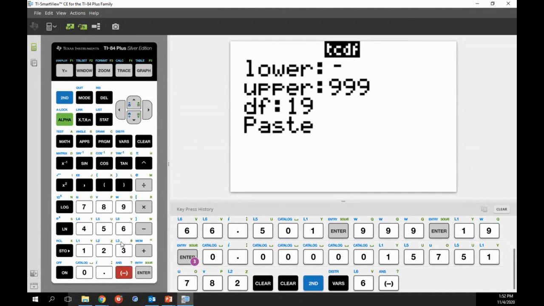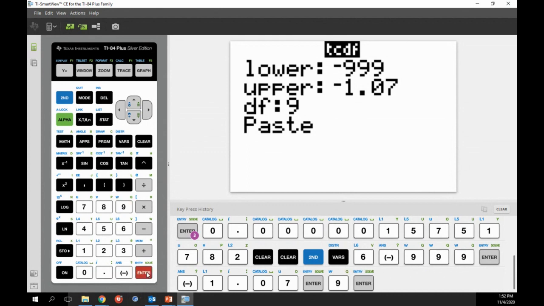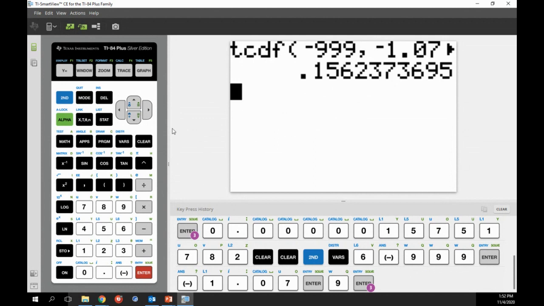So on my low end, I can go as far down as I want, but I can't go higher than negative 1.07. And I'm going to have 9 degrees of freedom. If I do this, I get approximately 0.156. So that would be my true p-value.